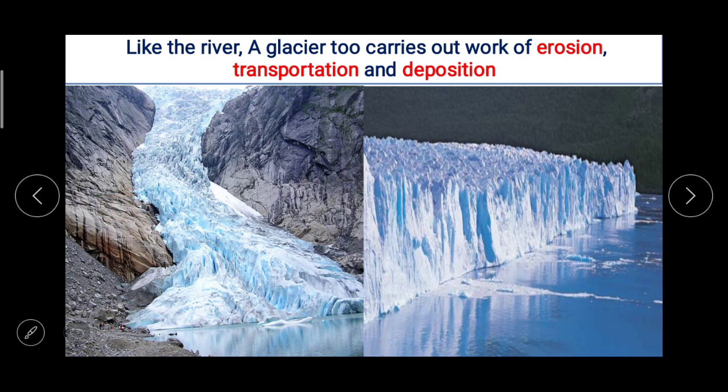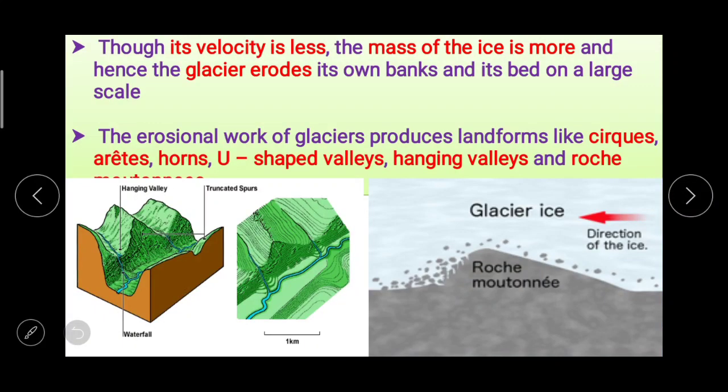Like the river, a glacier too carries out work of erosion, transportation and deposition. In regions where the temperatures are generally below freezing point, precipitation is in the form of snowfall, and layers of snow accumulate on the earth's surface.